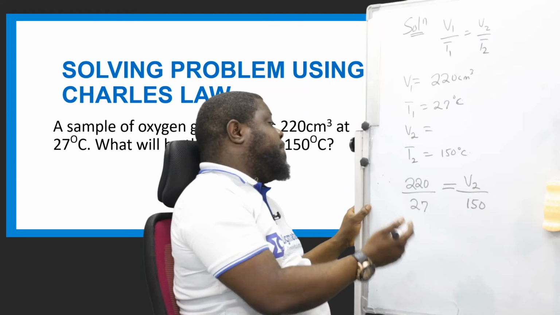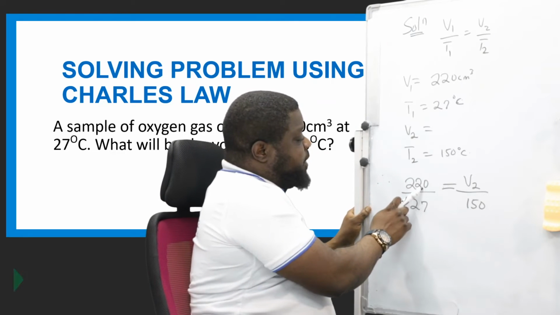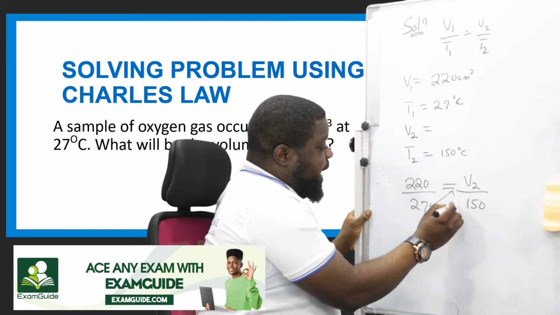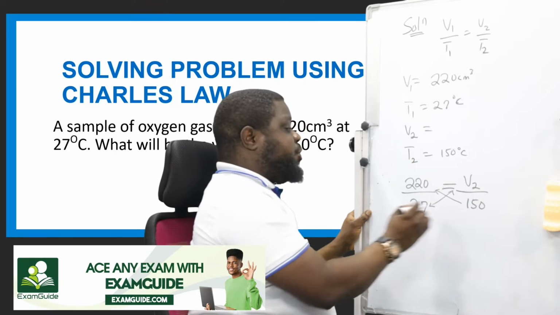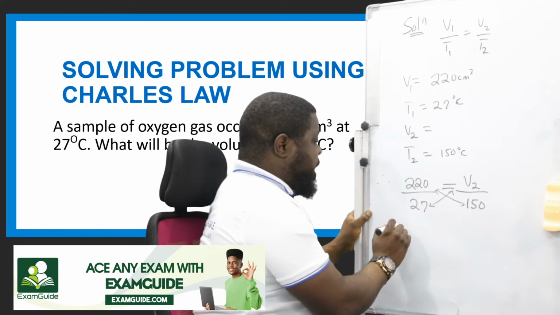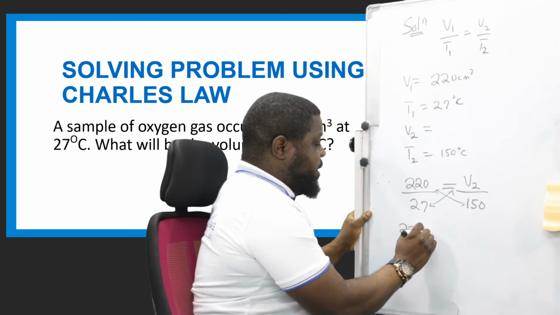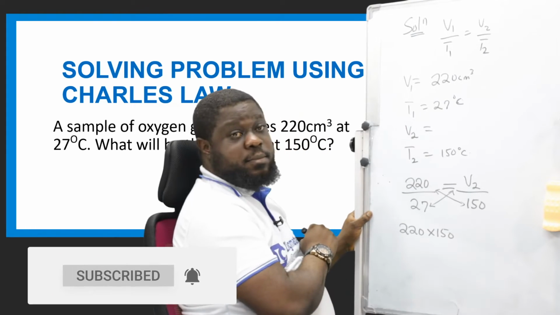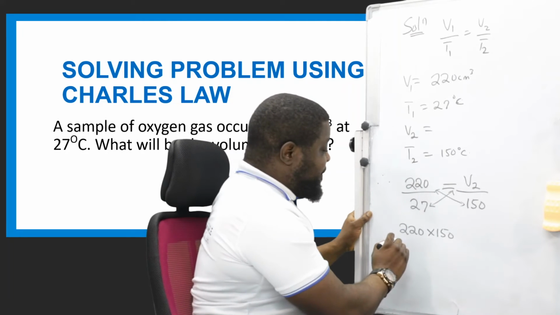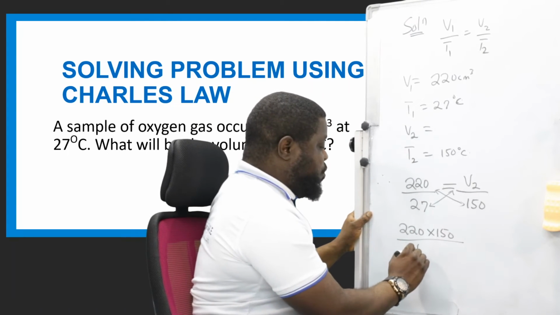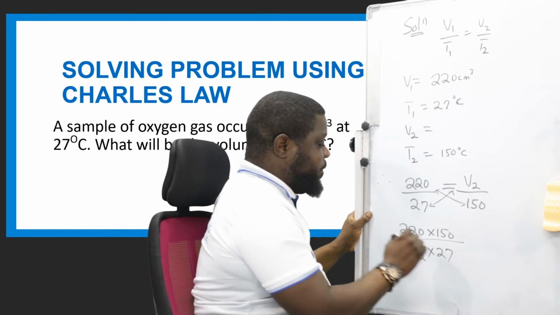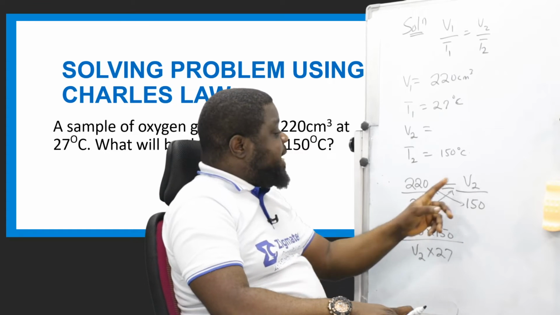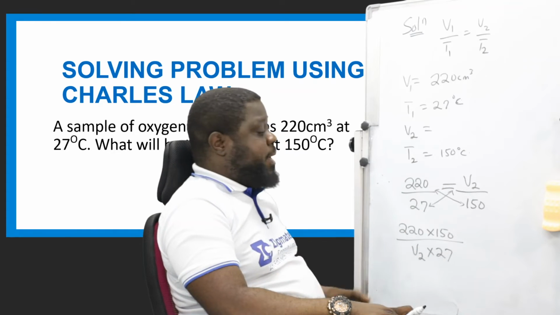This one times this one gives us 220 times 150, and this one times V2 gives 27 times V2, because 27 is down. As you're dividing, you're making a cross multiplication.